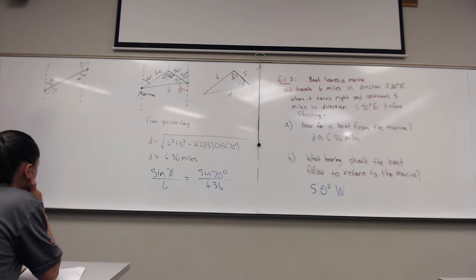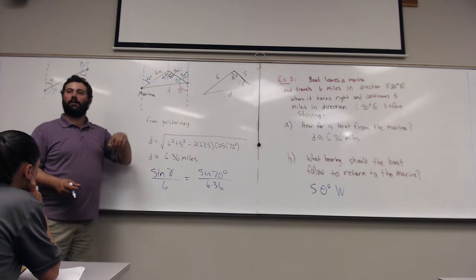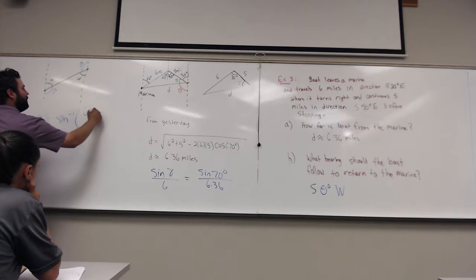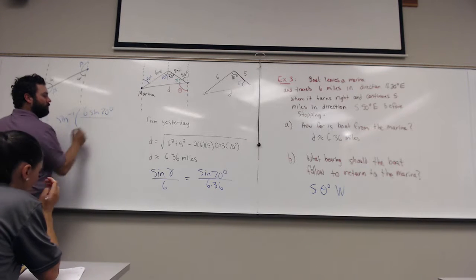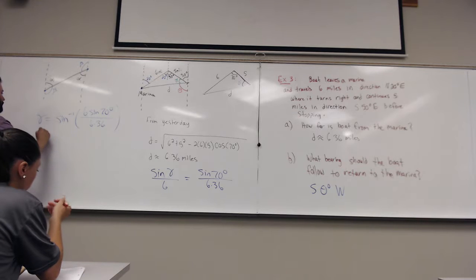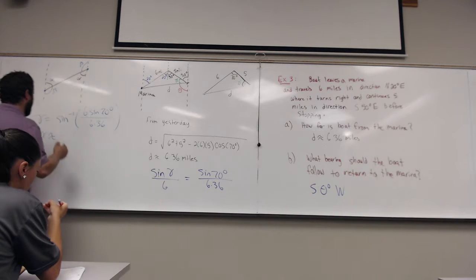My compass bearings. Okay, and then I can multiply both sides by 6, and then to get gamma, take the arc sine or sine inverse. So gamma is going to be sine inverse of 6 sine 70 degrees over 6.36. I got 62.44. Yeah. Okay.